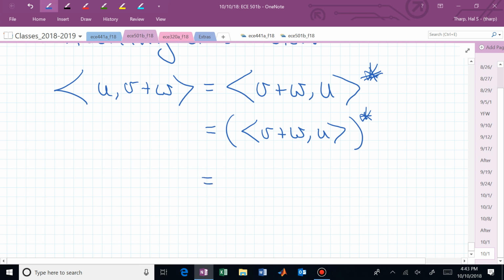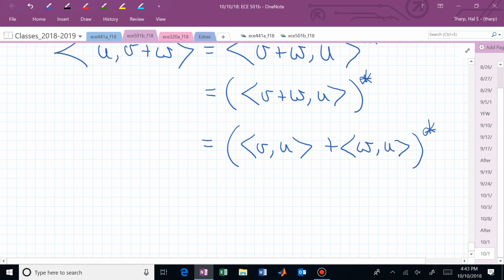And now we can use our property of additivity of the first slot inside the conjugate operation, so that now we have v with u plus w with u, conjugated.